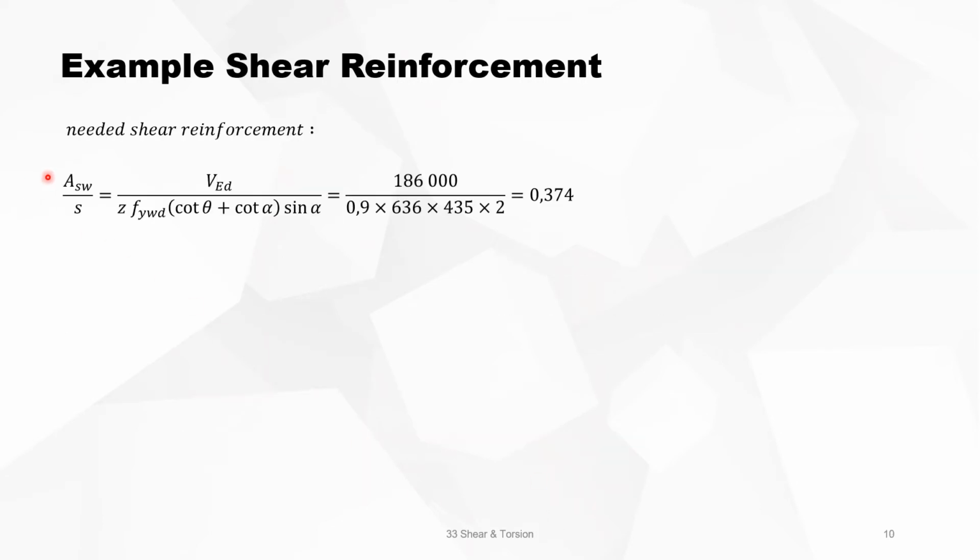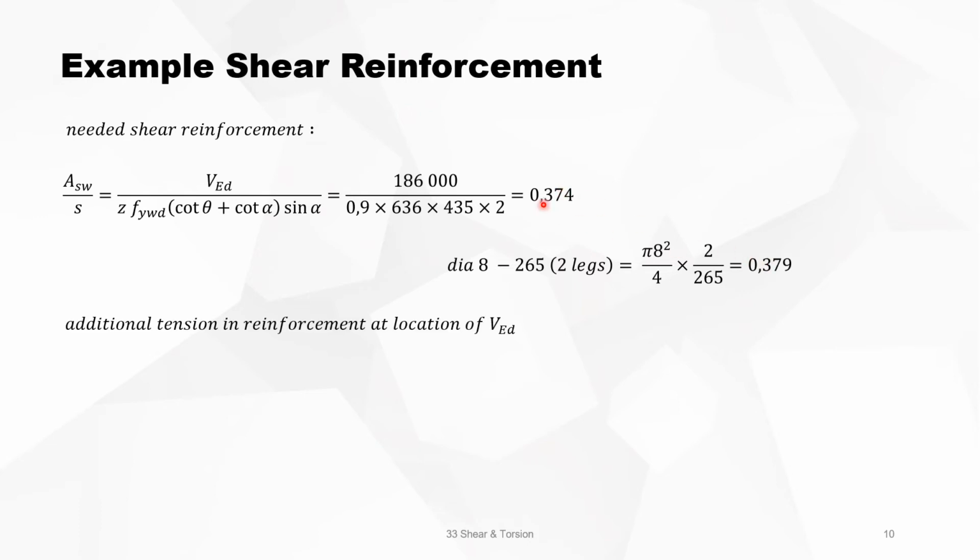The needed shear reinforcement now, we calculate ASW over S, which is with this formula, and we see that it is 0.374 that we need. We use diameter 8, 2 legs, and if you use it at a distance of 265 millimeters, it's 0.379, so this is okay.